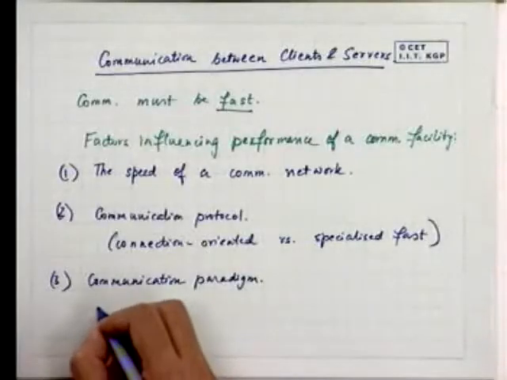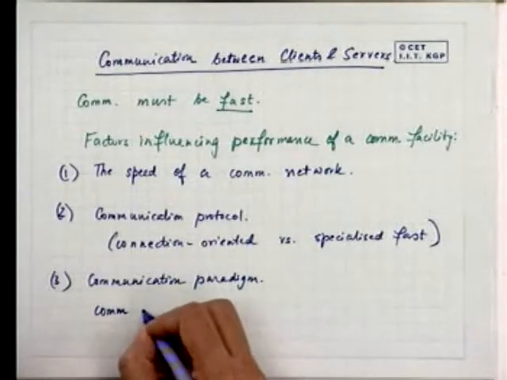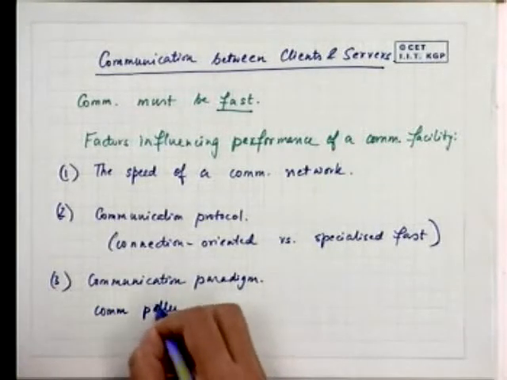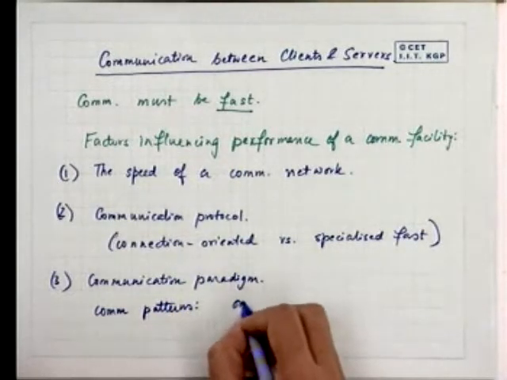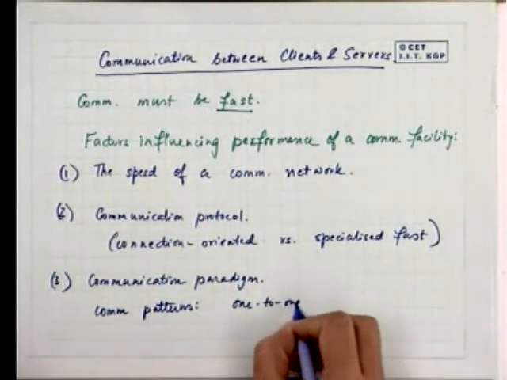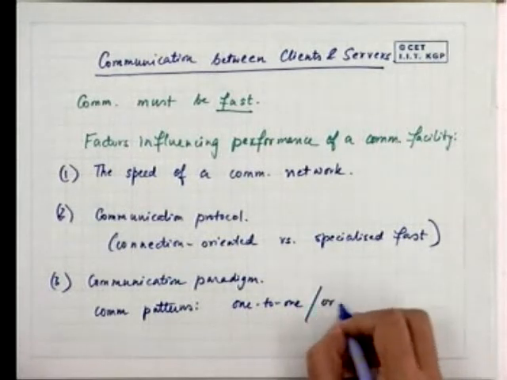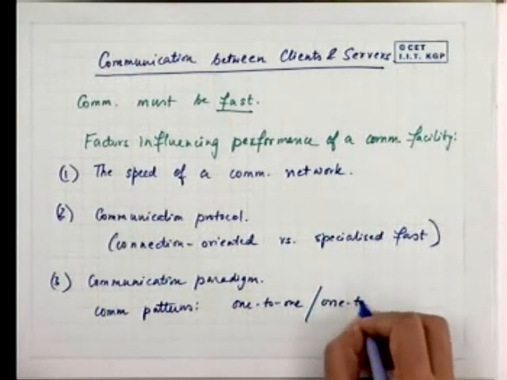There are two communication patterns. It can be either one-to-one or one-to-many. Communication patterns: communication may be one-to-one or one-to-many, or group communication.